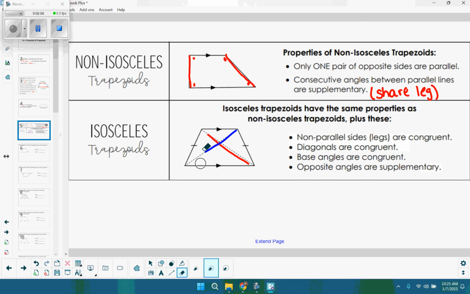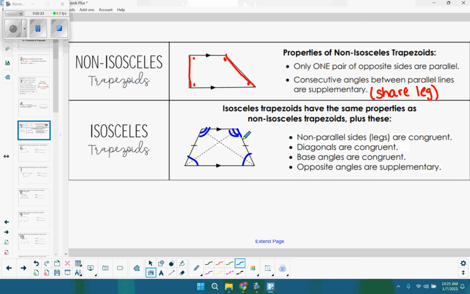So we have two different pairs of base angles. The two on one base would be congruent to each other, and then the two on the other base would be congruent to each other. And this last thing doesn't get used quite as much, but the opposite angles would also be supplementary. It's still going to be that the two angles on the same leg are supplementary, and that's probably the way that we'll look at it.